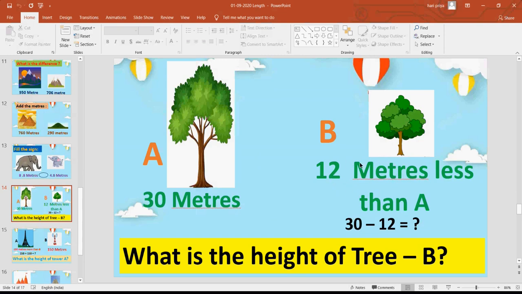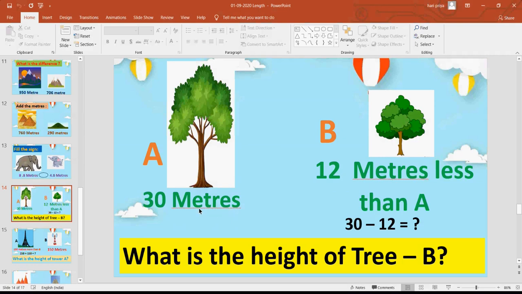So the measurement of the B tree is not given directly. They are giving some clues to find the measurement of B. So let me read that. The measurement of A tree is 30 meters. It's directly given.